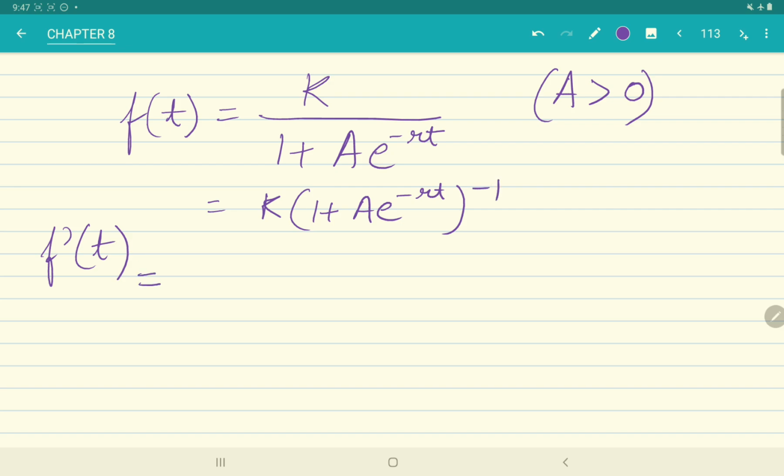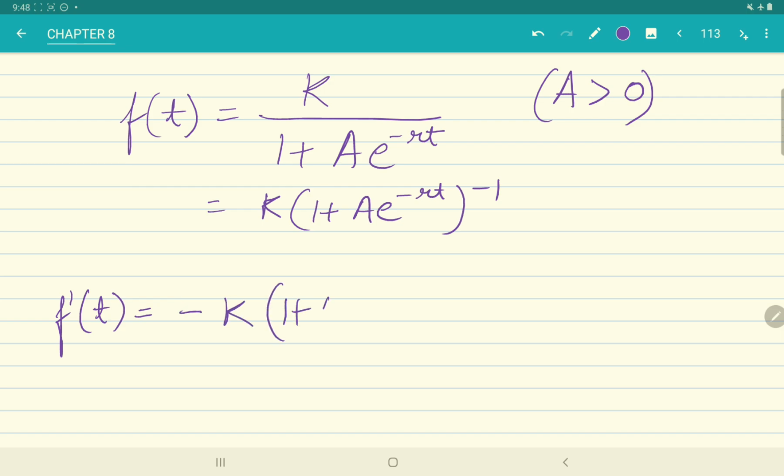So f prime t can be written as minus k times (1 plus a e raised to the power minus rt) raised to the power minus 2, times a e raised to the power minus rt, and then I should write minus r.